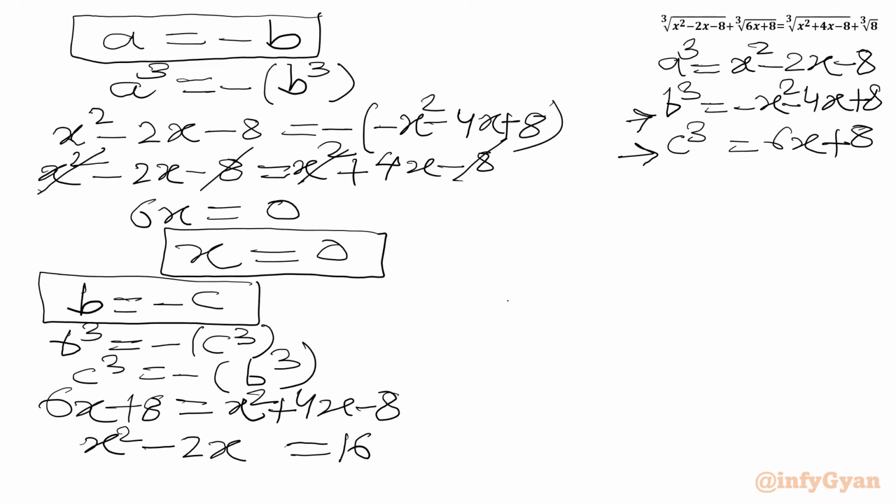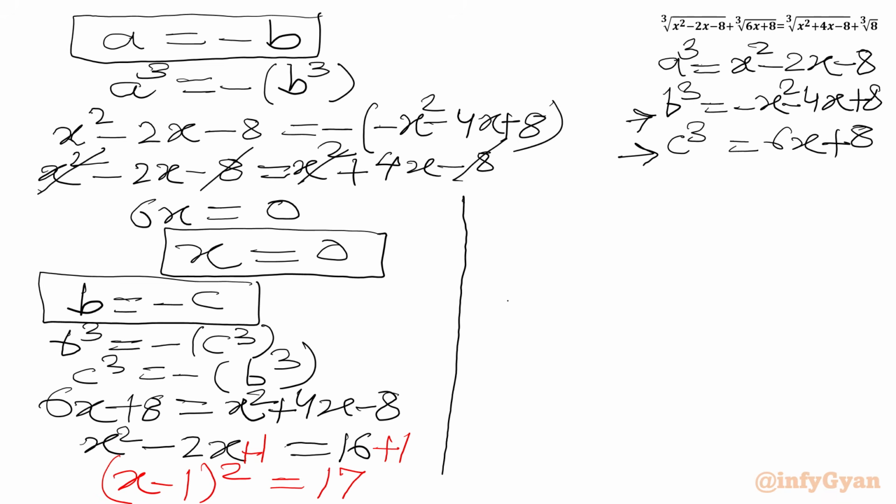So which I will write here in the RHS, so plus 16. Now I am using the completing the square method, so I need to add 1 to both sides. Now LHS will give us x minus 1 whole square and RHS is 17. So from here I will take a square root both sides. I can write x minus 1 will be equal to plus minus square root 17.